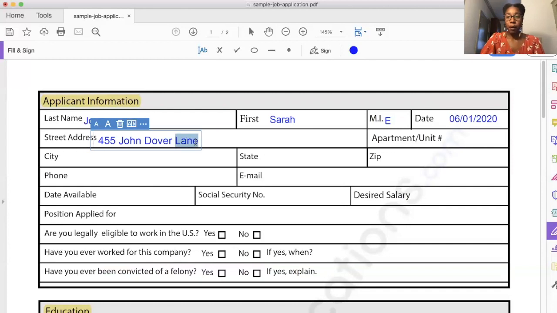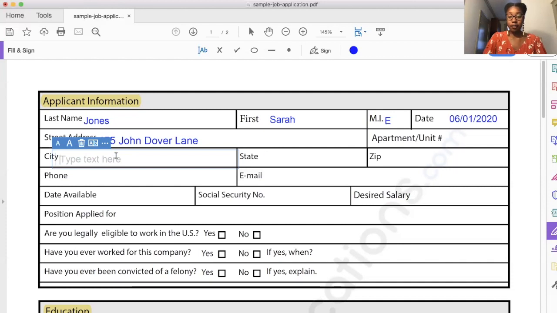Sometimes people might abbreviate lane like LN, period. This is an abbreviation. On a job application, it is important not to use abbreviations. So we put 4455 John Dover Lane, L-A-N-E.